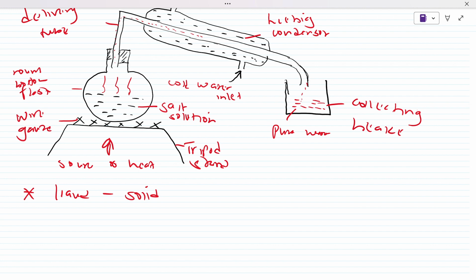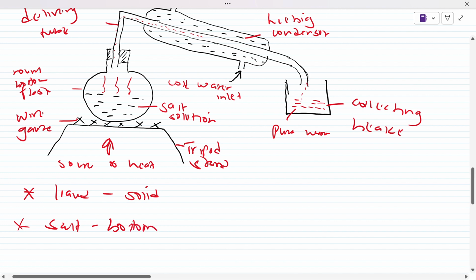If it is a soluble solid liquid mixture, at the end of the day we will remain with salt at the bottom of the flask, not at the bottom of the beaker. Inside here, it is salt that will be remaining because water has evaporated during the heating process, and we will have our water here.